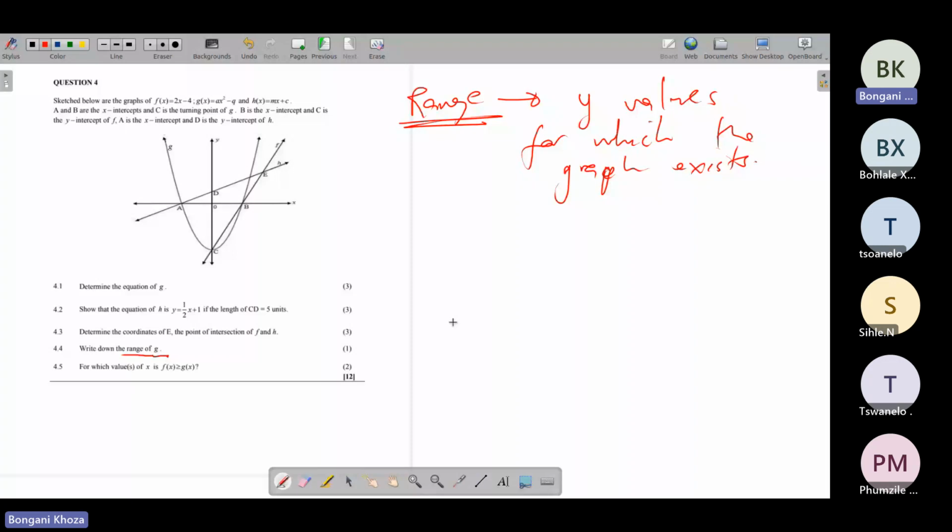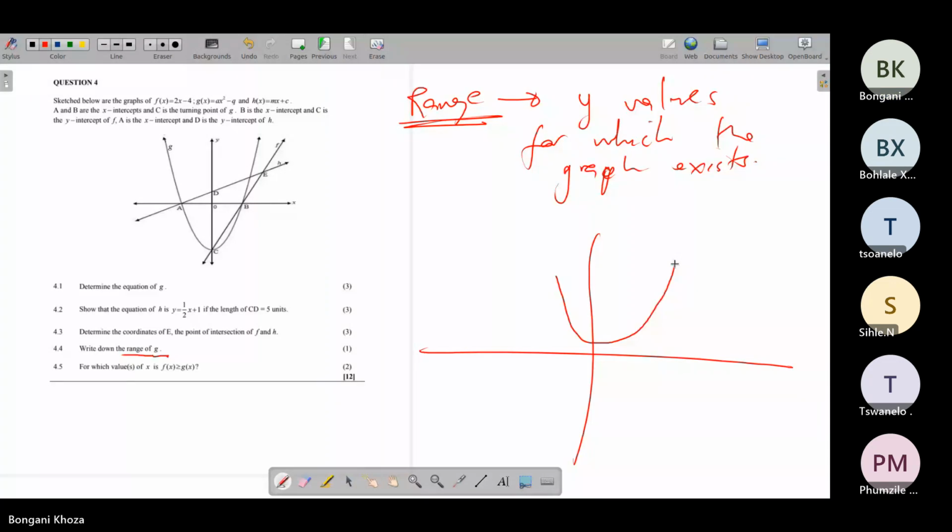So if I get something like this, let's just say a graph like this for fun. And then we are told that the turning point over here, maybe it's at 1. For this graph over here, the range of it is from 1 going to wherever it ends.